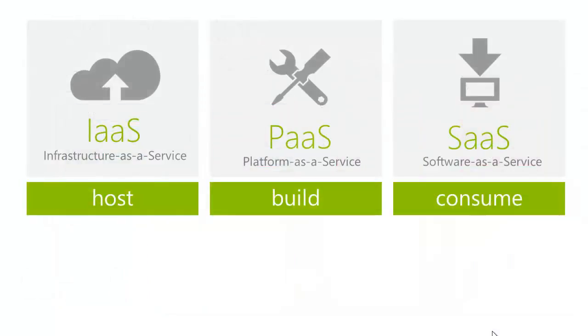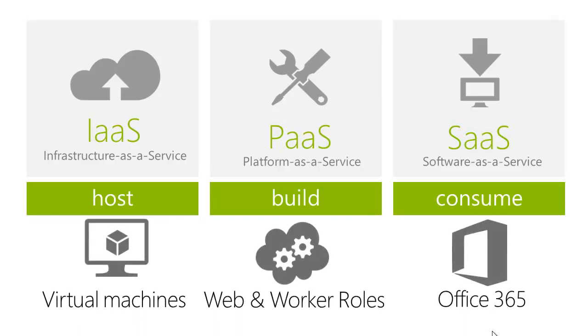To understand this better, we are going to look at these three words: IaaS, PaaS, and SaaS. IaaS is something where you deal with your hosting, your virtual machines, your full operating systems, and SQL servers. PaaS is something where you deal with your customized code, your application code, and you associate your normal applications with cloud-based services and cloud-based apps.